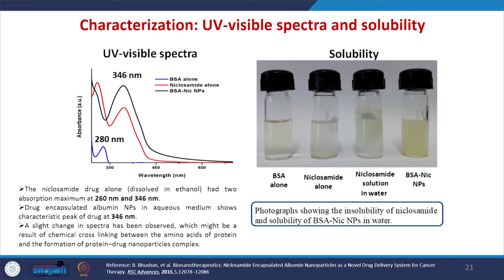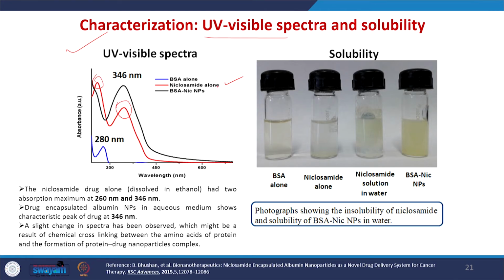Let us see how to characterize these BSA nanoparticles. We can characterize the BSA nanoparticles using UV visible spectrophotometer. In this UV visible spectra, you can see there are two peaks for the niclosamide drug alone, one at 260 nanometer and one at 346 nanometer.